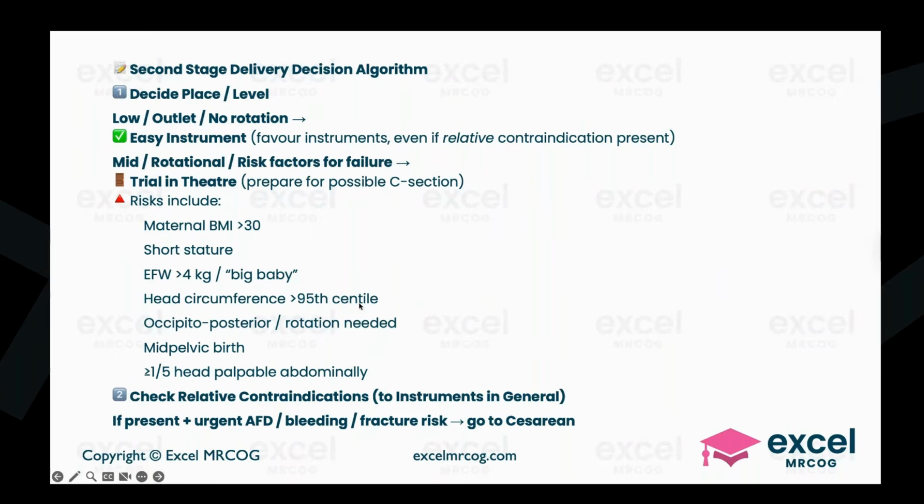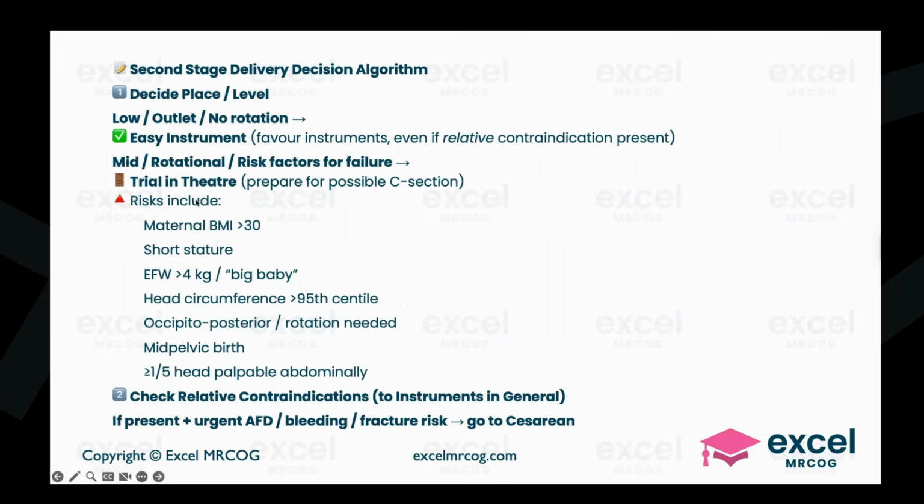This has never been mentioned, but occipito-posterior or rotational we have said, or OP in general, mid pelvic we have said that, or if the head is more than a fifth palpable, actually more than two-fifths, you will not apply at all, that is a contraindication. But if the head is equal to one-fifth palpable, we are saying that there is a risk of failure.